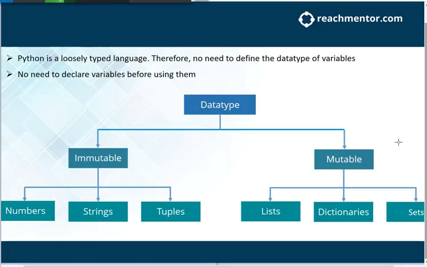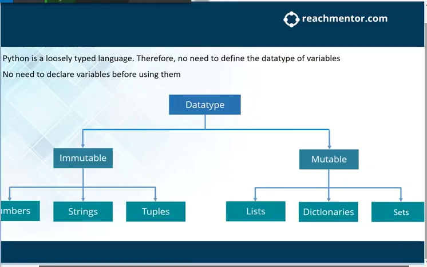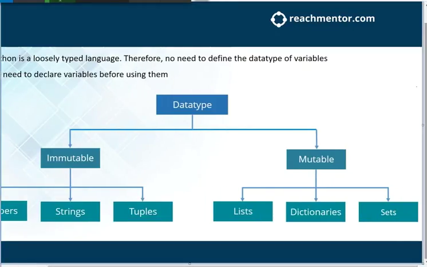On the other side we have mutable data types, which come in the category of lists, dictionaries and sets. A list is a data structure in Python which can be changed. That means it is mutable, an ordered sequence of elements. Each element in a list is called an item. And the next thing is dictionaries.